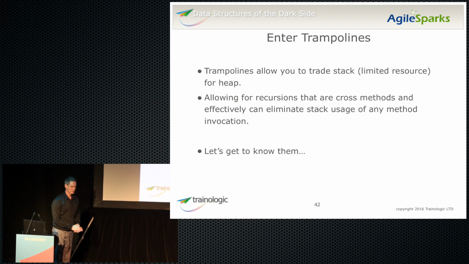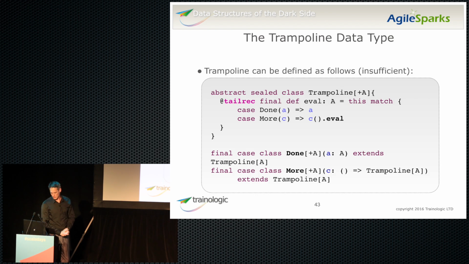So, trampoline to the rescue. The trampoline is a data type. This is not the full one, it's a simple one, saying that a trampoline can be either a value, Done, something that we get, or a next step, a Function0. You see? A next step.